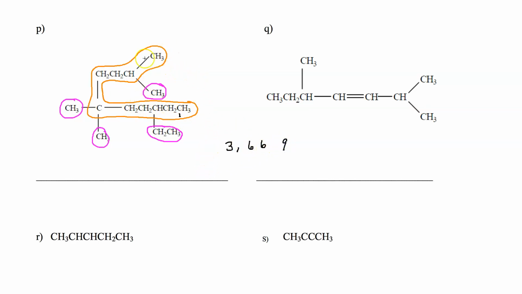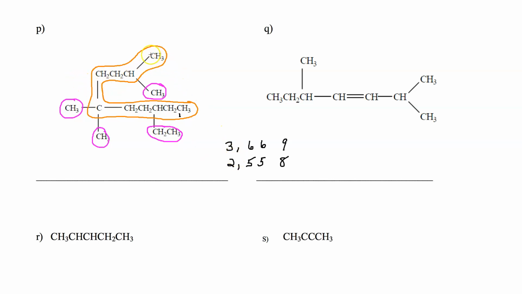Now, if I number the other way, this would be a 2-methyl, and then 5, 5, and you already see that's a lower combination. And this would be an 8. So all I did was number the opposite way.